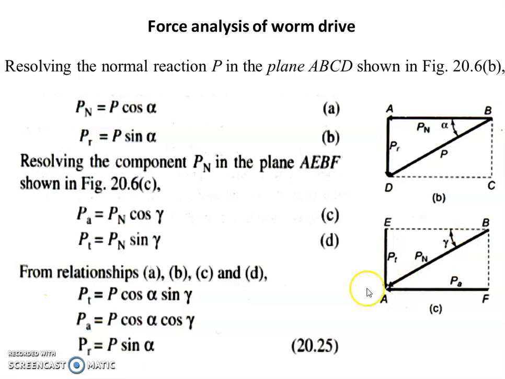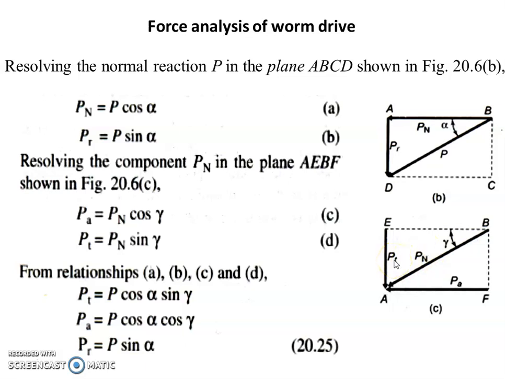Is it okay? So the angle between AB and AF is gamma. So that's why we may consider that PA is Pn cos gamma. If we take this angle as gamma, then cos gamma will be this particular AF divided by AB, or PA divided by Pn. So that's why PA is equal to Pn cos gamma.